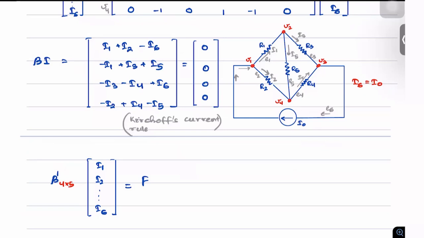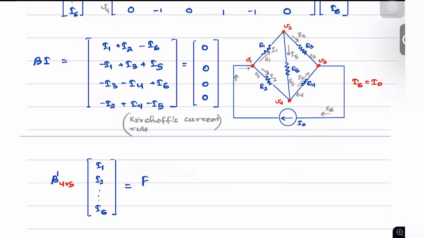And not only that, these relations can be written very concisely using the incidence matrix, which motivates us to study incidence matrices and apply them to different applications. So this is just one of the applications.